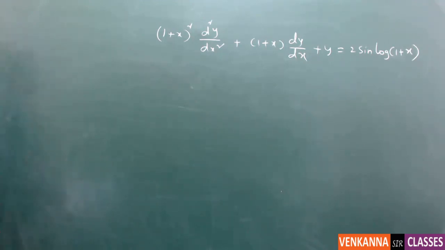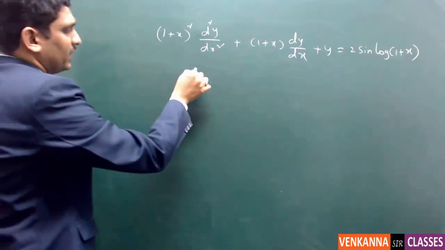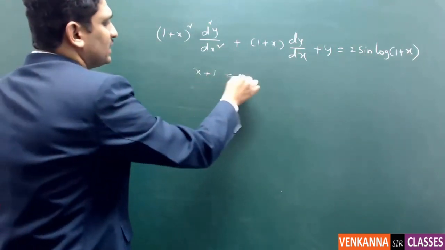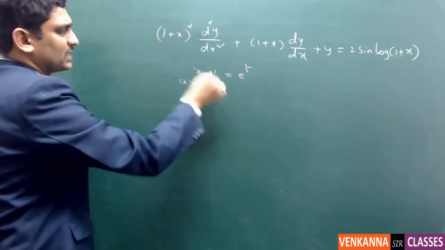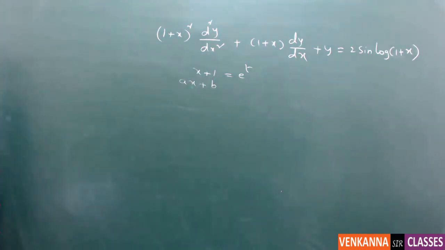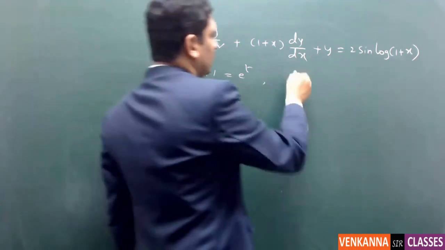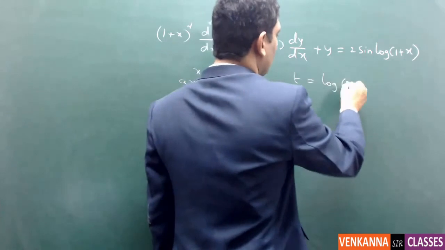Yeah. So here you have to take x plus 1 is equal to e power t. You please compare with this that it is of the form ax plus b, where a value is 1, b value is 1. So here you have t is equal to log of x plus 1.